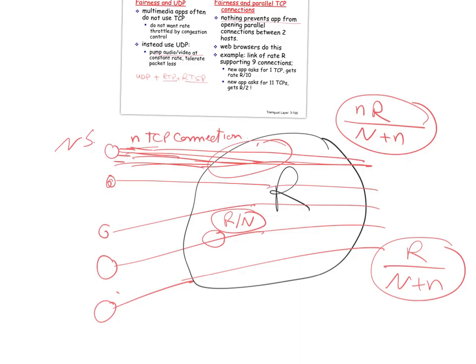It's a negative point to TCP fairness. Well, I wouldn't say it's a negative point to TCP. It's a negative point in general that needs to be handled either by TCP or by another protocol, but it needs to be managed somehow. But that's how TCP works.